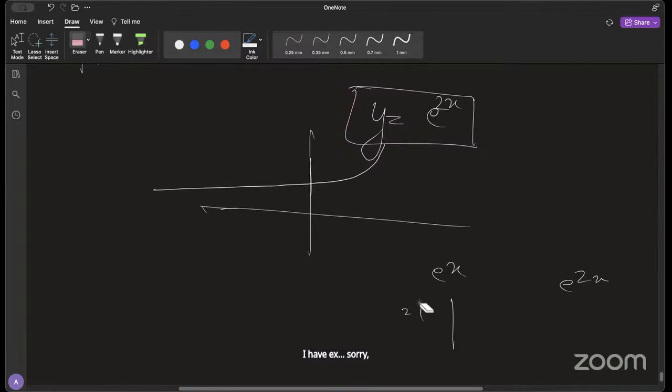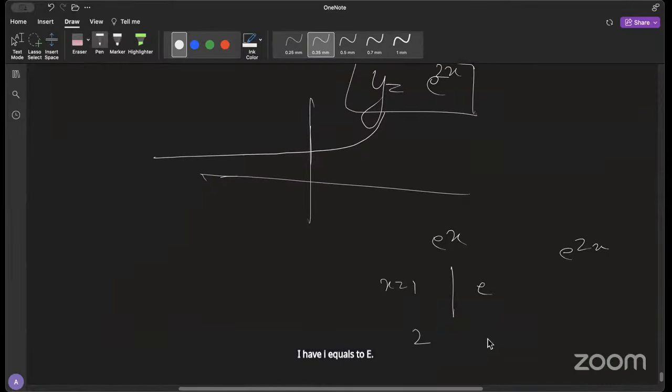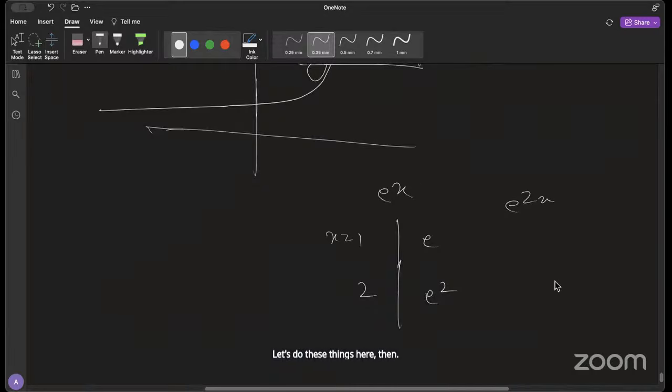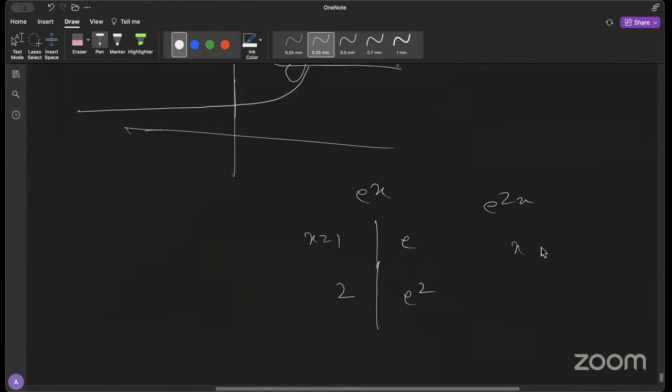When I put x equals to 1, I have y equals to e. At x equals to 2, I have y equals to e square. At x equals to 1, I have e square. At x equals to 2, I have e to the power 4.